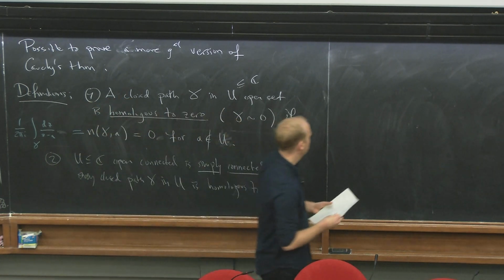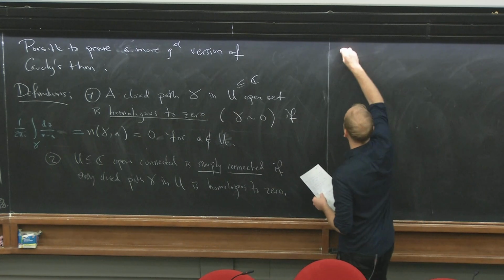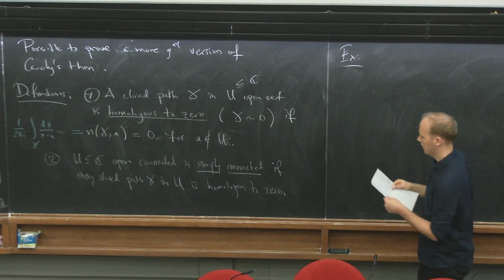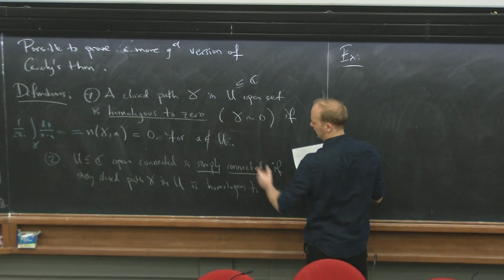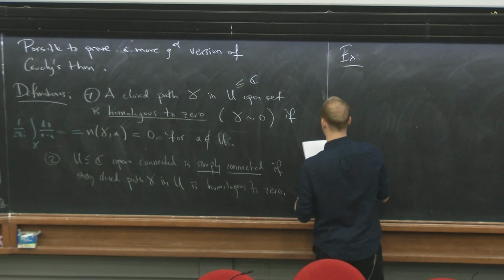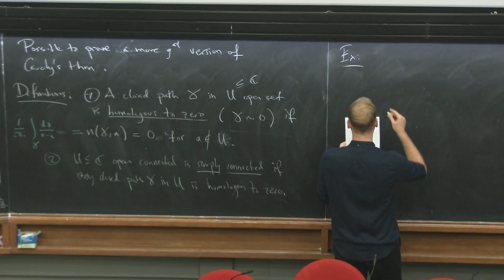Okay, so I will give you examples to illustrate these 2 definitions. So a path being homologous to 0, and if every path is homologous to 0, then we say that the set is simply connected. So this is one way of characterizing this.